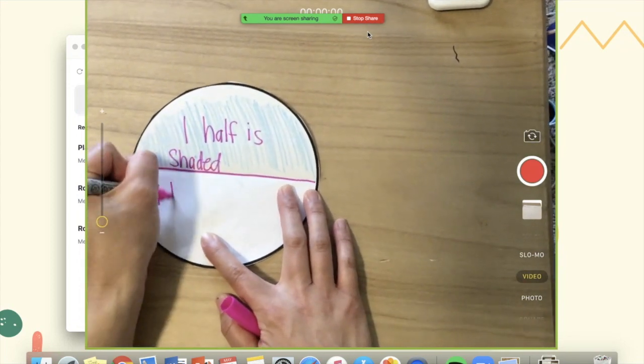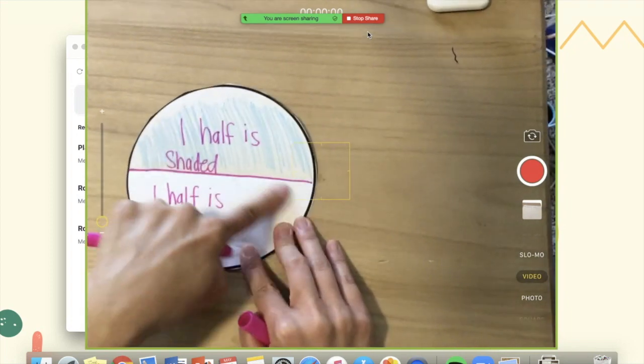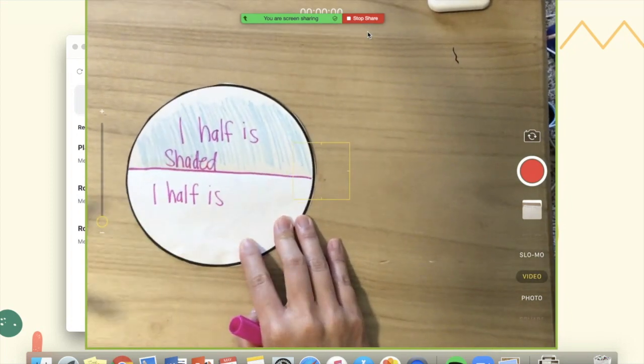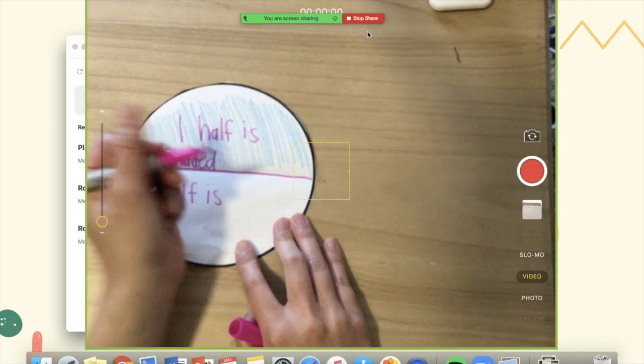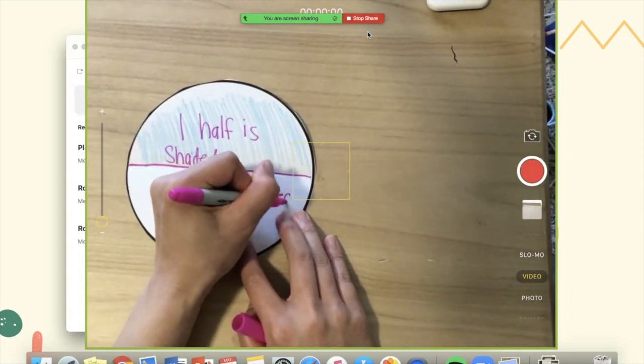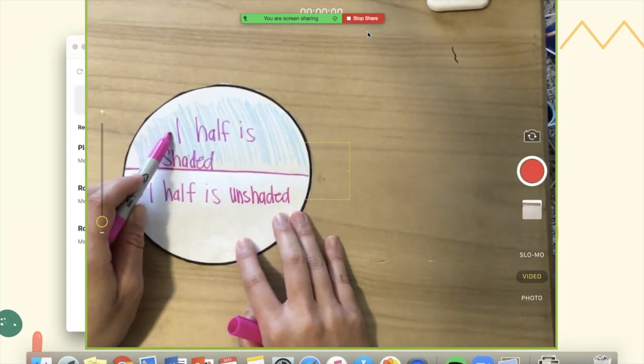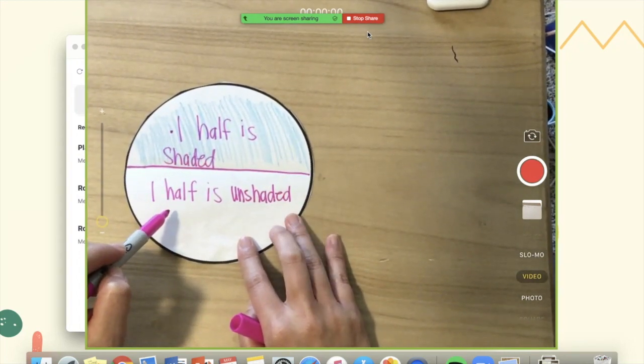And then 1/2, you remember that word that we use for the white part that's not shaded? It is unshaded. If you thought unshaded, you are correct, okay? So half of this circle is shaded, half of it is unshaded.